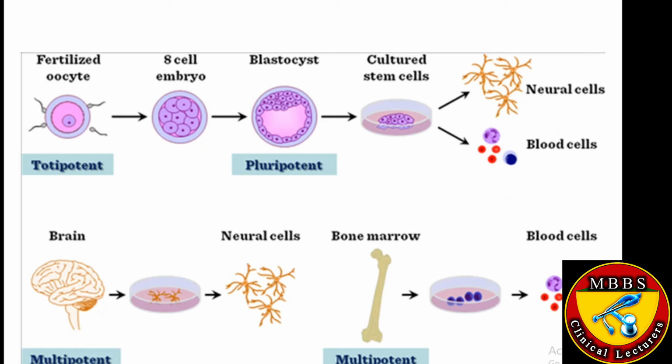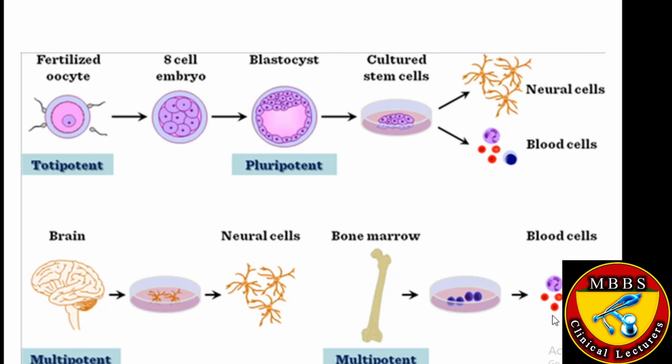Coming to the multipotent cells. Multipotent cells are those cells that can be grown in a culture medium, and they can grow into different kinds of specialized tissue cells. For example, if we take a stem cell from the brain, it will grow the neural cell. If we take a multipotent cell from the bone marrow, it will develop all cells of the blood lines.